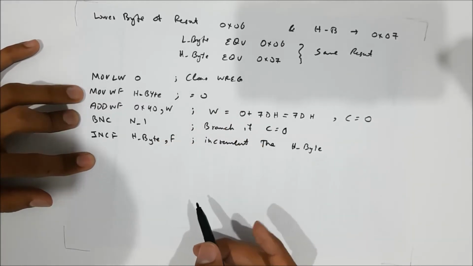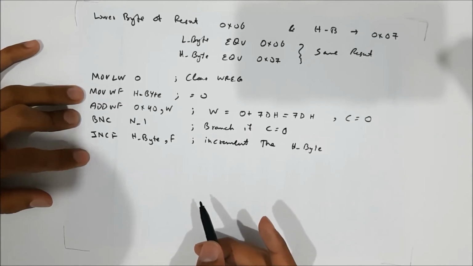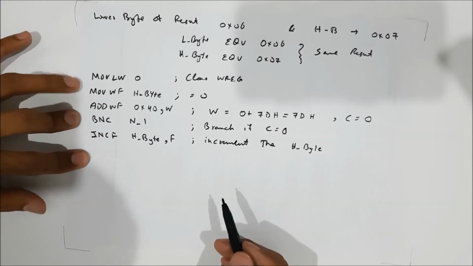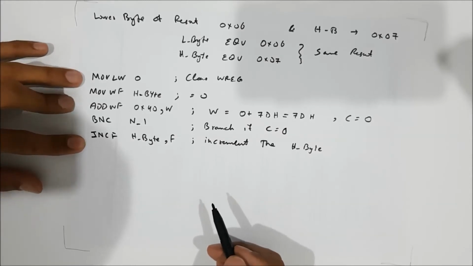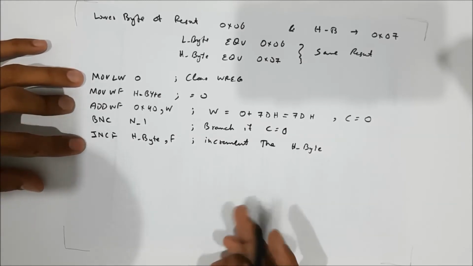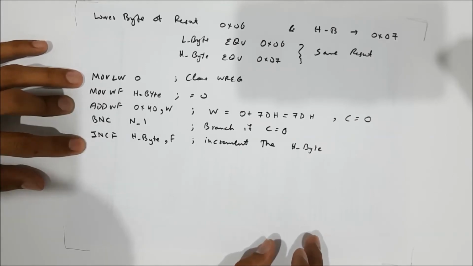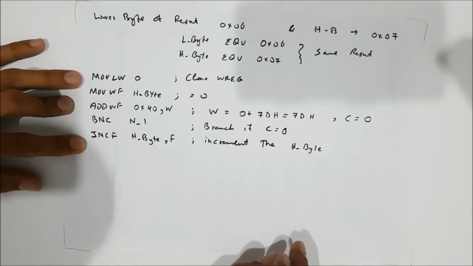So if there was carry, this means that the sum exceeded 8-bit size. If the carry is 1, this will mean that the result exceeded the size of a single register and could not be contained within it. So the carry became 1 and that is now the 9th bit. So we have to save that 9th bit somewhere.